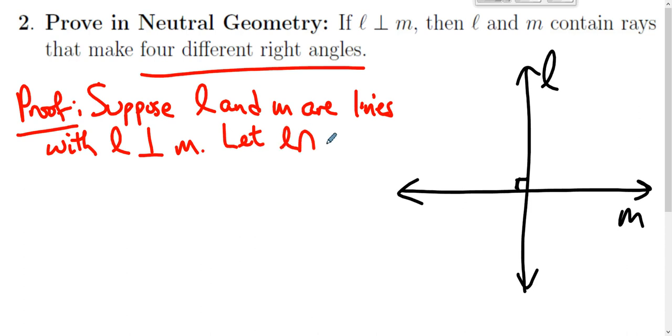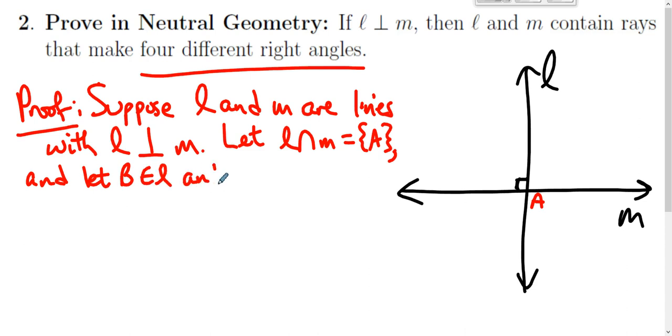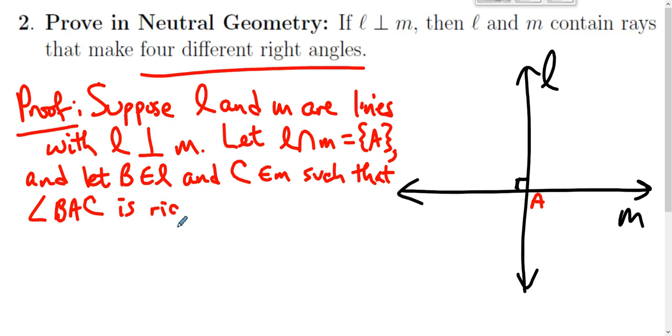Let L intersect M be the point A, and let B be on L and C be on M, such that angle BAC is right.